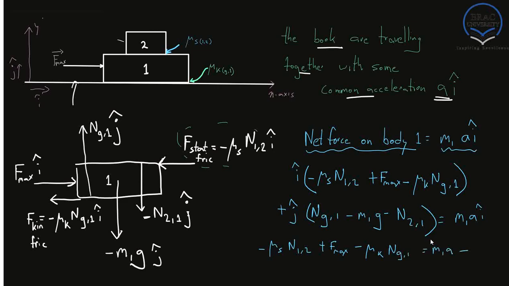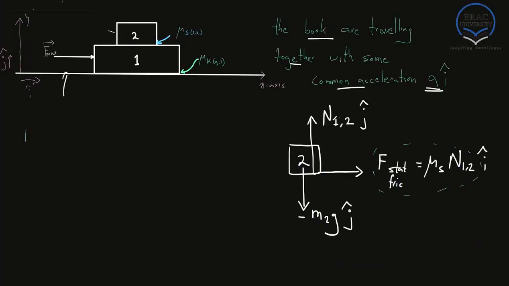Call this equation 1. The other equation goes N g1 minus m1g minus N21 equal to 0. No j hat component on the right hand side. So let's do this for body 2 now.